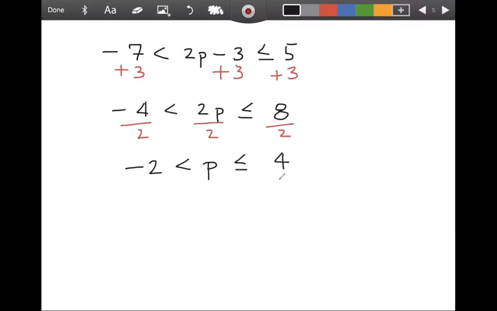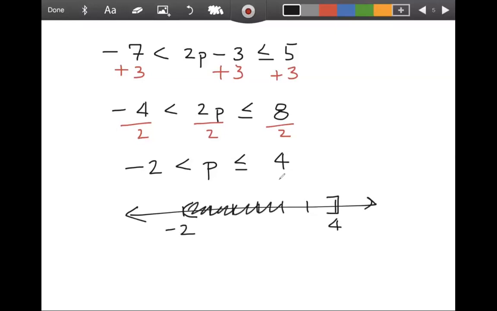So the graph of that would look like this: -2, -1, 0, 1, 2, 3, 4. Parenthesis at -2, bracket at 4, color everything in between. And then you see how the interval notation is going to look like for that, right? It would be -2, 4 with a parenthesis here and a bracket there.